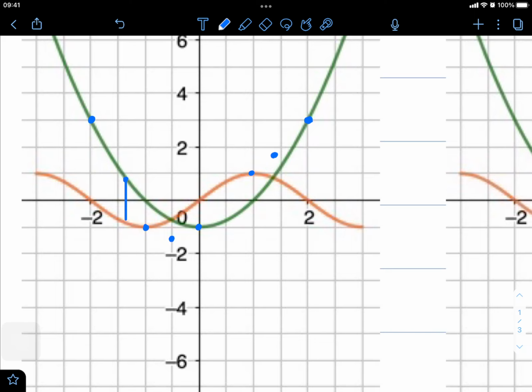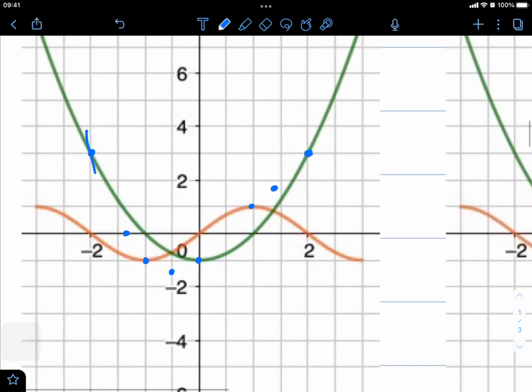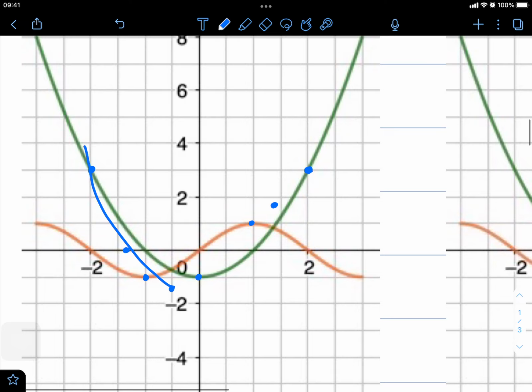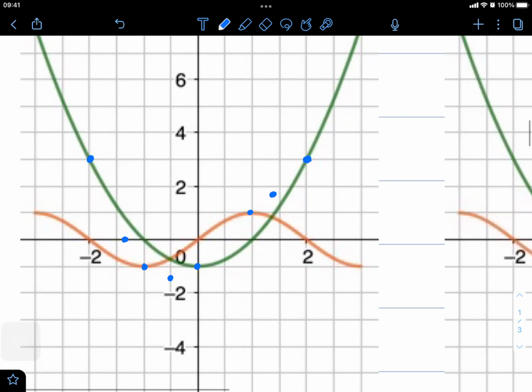Sorry, not a point of intersection, an x-intercept, because this height looks to be about 0.8 and this height here looks to be about -0.8. When we add the two, they cancel and give us an x-intercept.